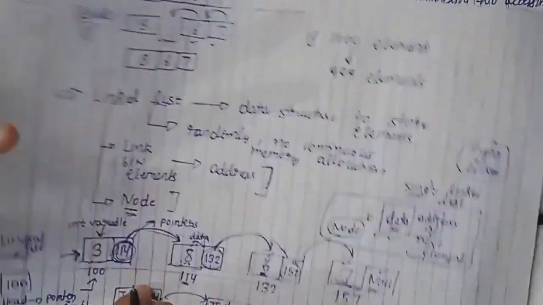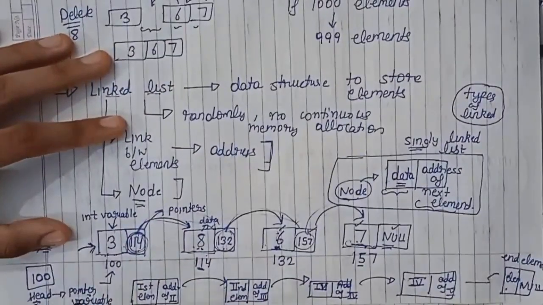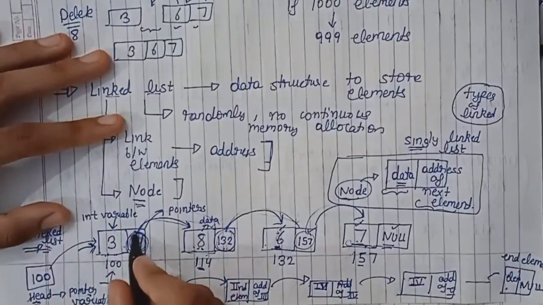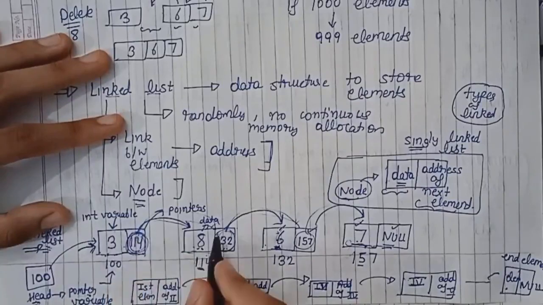With the help of this head, this pointer variable, we will be able to access this first element, and with the help of the further addresses we will be able to access the further elements.